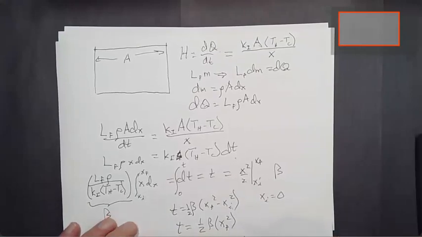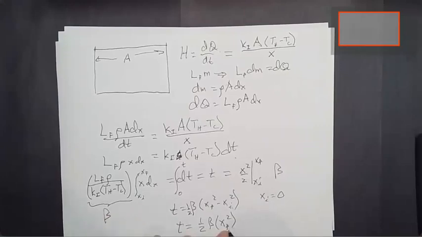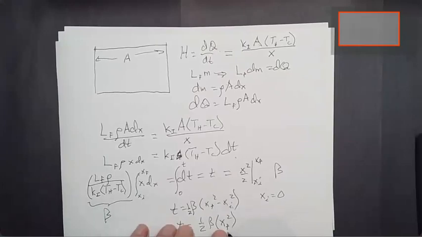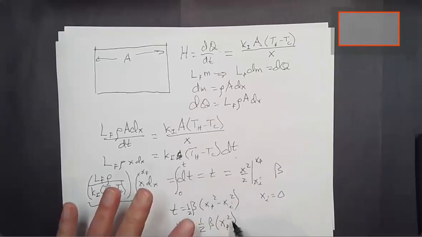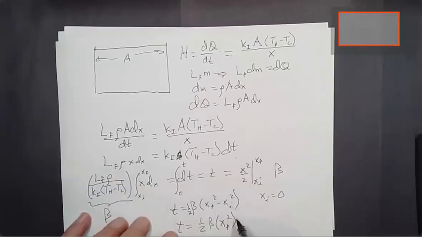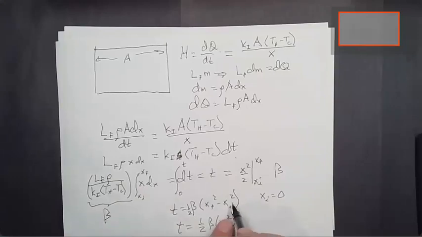How long would it take to go from this x final to some x final that's twice as much? Okay, well, this is getting inconvenient here, and possibly confusing the way I'm doing it, but how long would it take if I went from 0 to 3/4 of that x final?